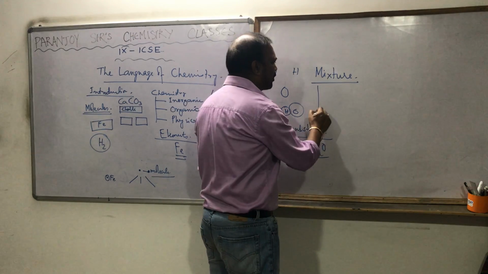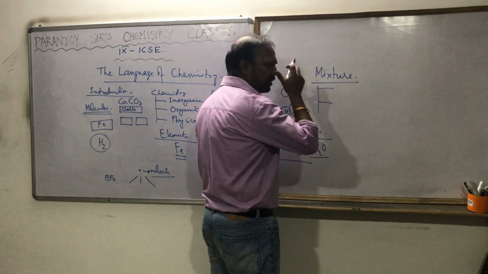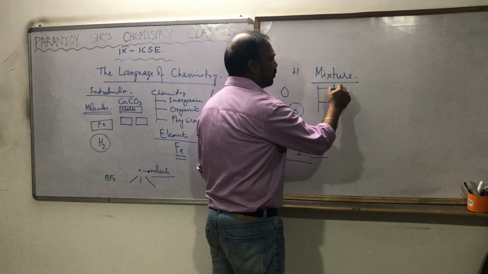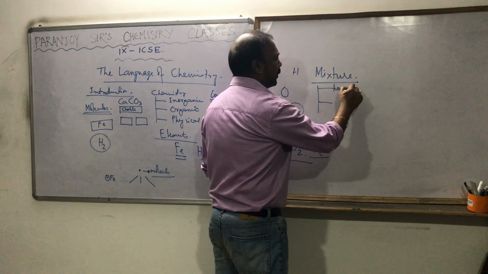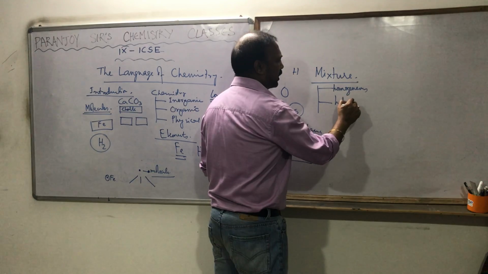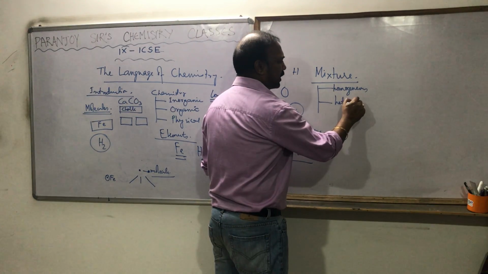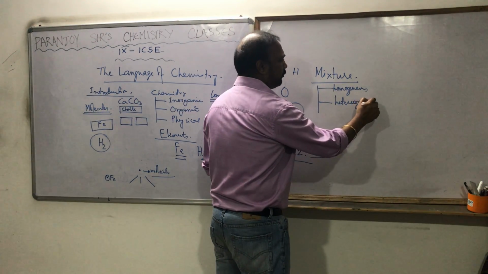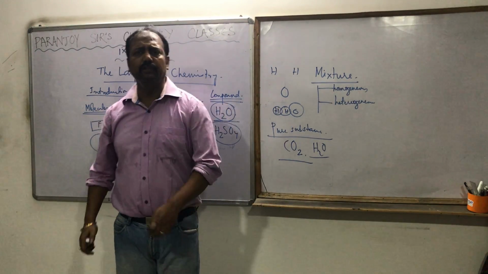Now, the mixture can be of two types. Let me just tell the division first. The first type we call homogeneous mixture, and the second type we call heterogeneous mixture.